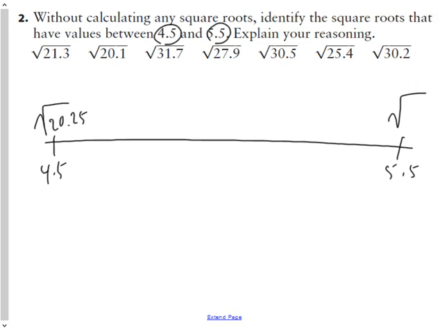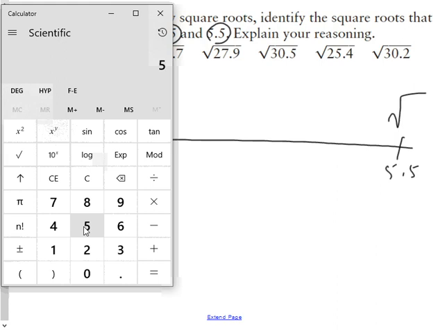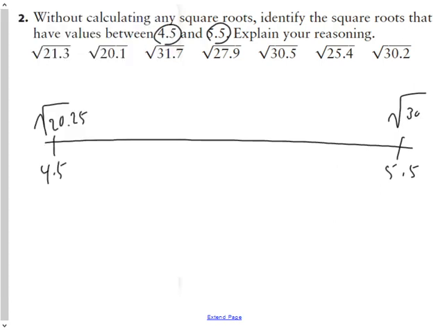And if I do the same thing for 5.5, I square that, it's going to be 30.25. So I know the square root of 20.25 is 4.5, and the square root of 30.25 is 5.5. So any number between 20.25 and 30.25 is going to have a square root that's between 4.5 and 5.5.